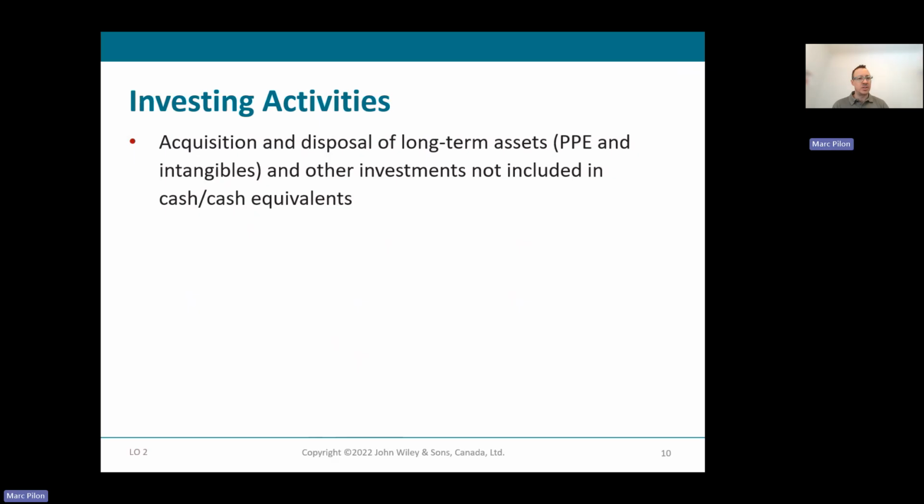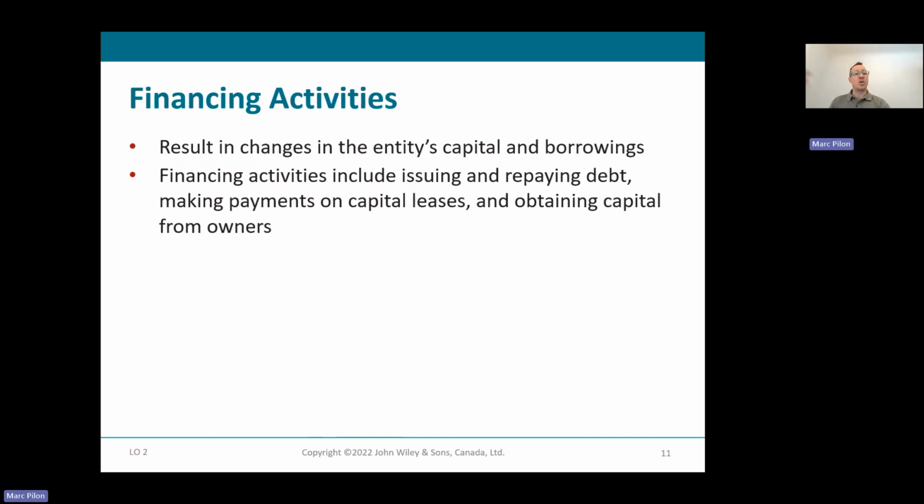Now, investing activities are the acquisition and disposal of non-current assets. So think property, plant, and equipment, investments. Okay, and then financing activities are receipts and payments in the entity's capital structure, right?